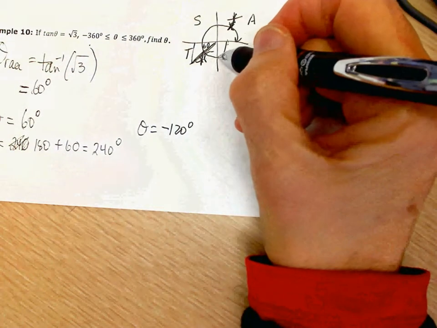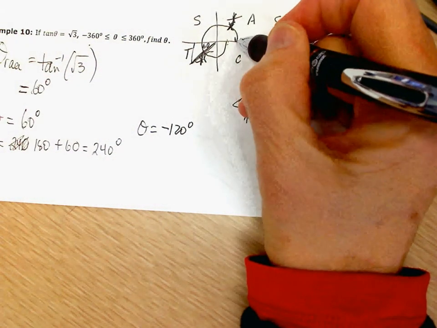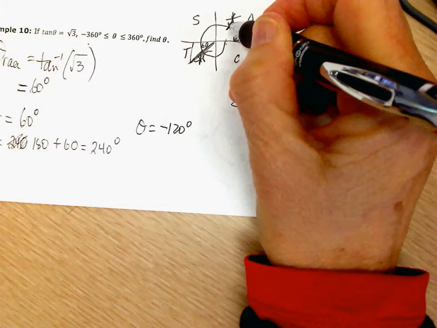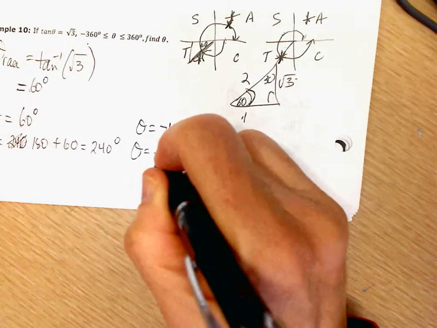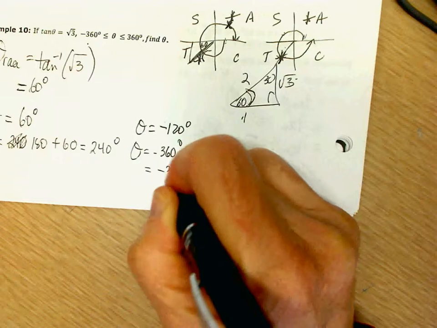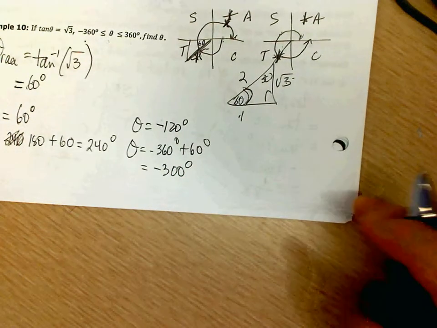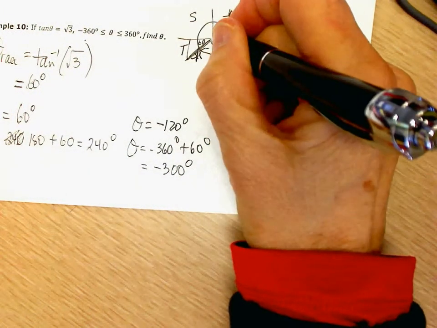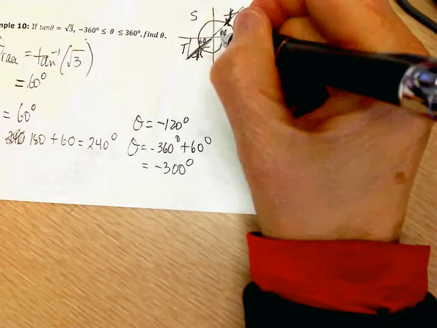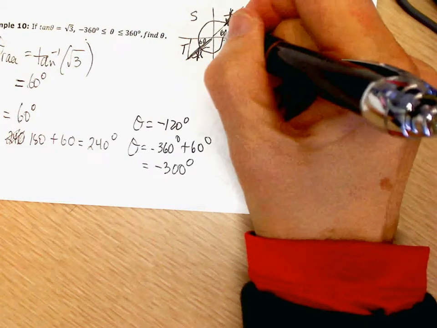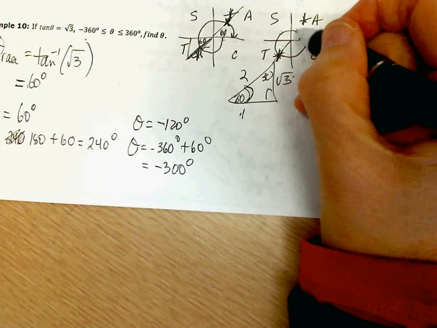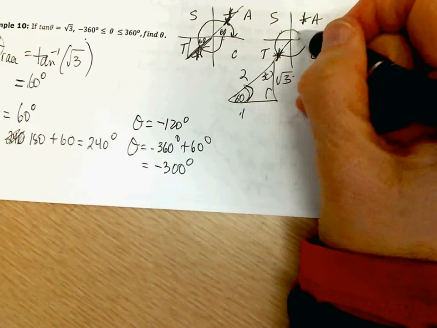Negative 360 plus 60. Right? Negative 300 gets me into this quadrant with the related acute angle of 60. So this is negative 300, negative 120, positive 240, and also positive 60. There are 4 answers here.